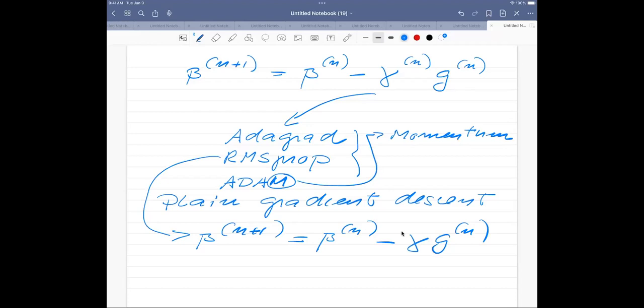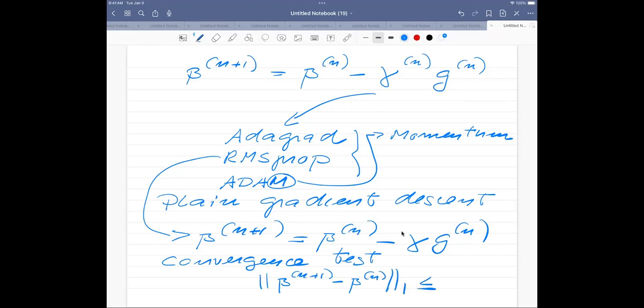Typically the kind of test you have for convergence, the convergence test, the most typical one, is that you take the absolute value of the difference between these two vectors, the previous iteration and the new one, and you want that to be smaller than some epsilon.